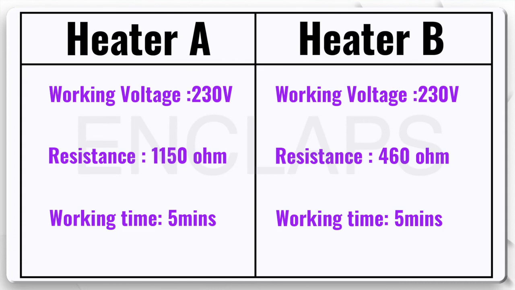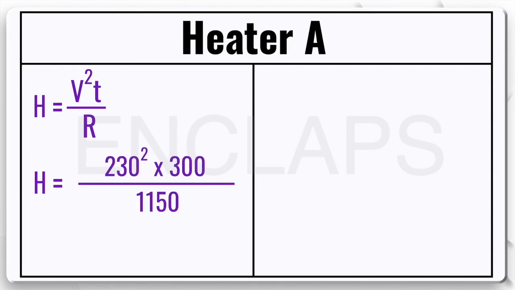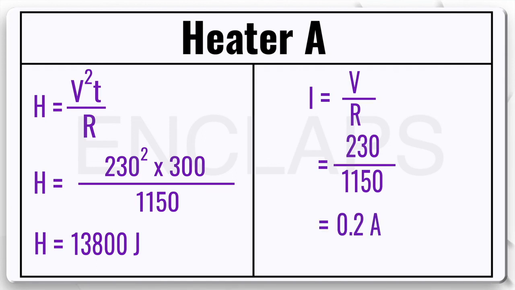By using the formula H is equal to V square T divided by R and substituting the value, we get H equals 230 the whole square into 300 divided by 1150 equals 13,800 joule, and the current I is equal to V by R equals 230 divided by 1150 equals 0.2 amperes.